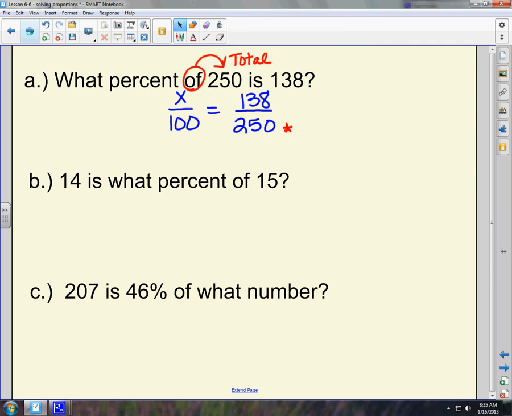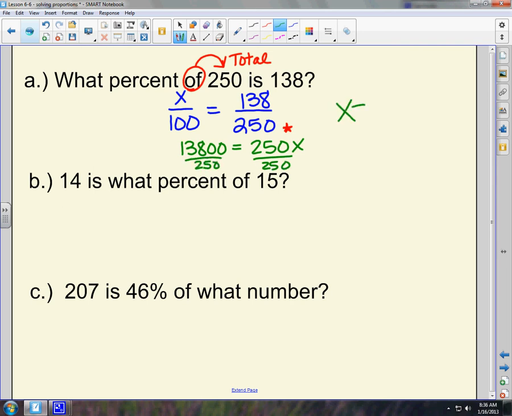If you get confused and they don't give you a picture, look for the word of, and after that is the total. So then 13,800 equals 250x, and I divide by 250. So x equals 55.2. It wants a percent, so I write it as 55.2%.